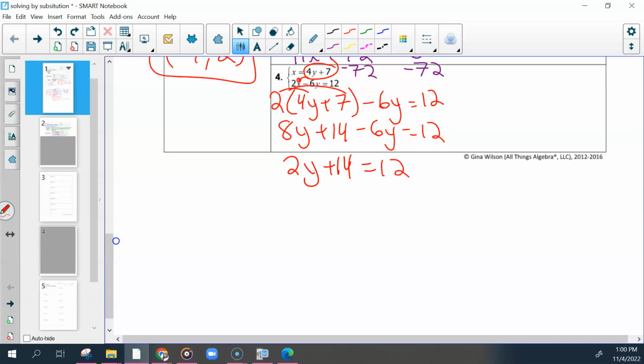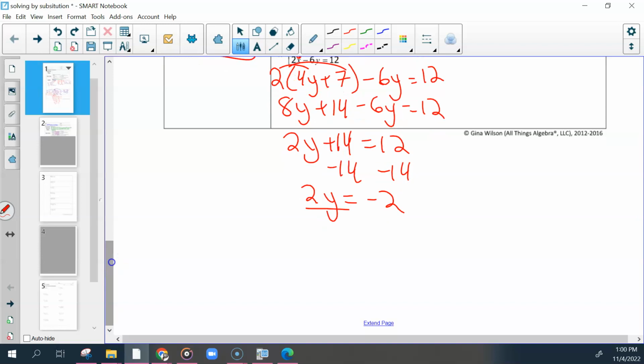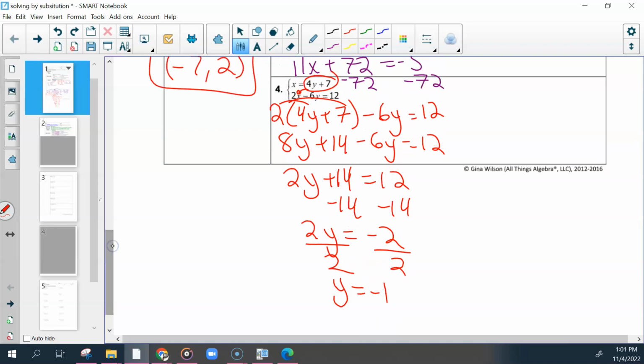Get y by itself by subtracting and dividing. Then we have to find x. Take that y value, put it back into the original equation where y is, solve for x.